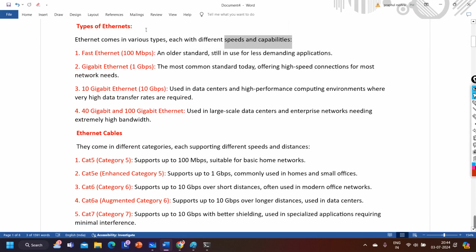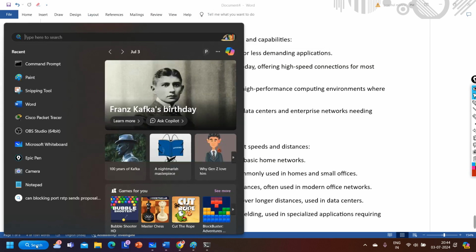Even distance, you can say speed and distance, or any other properties. Then these types are categorized into two parts.